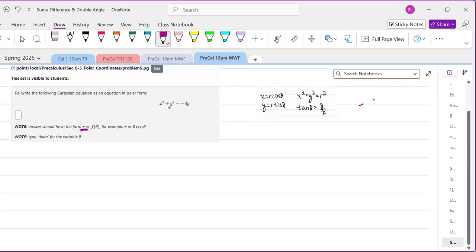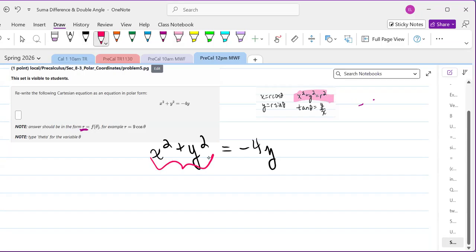So x squared plus y squared, that sounds real familiar. Why is that so familiar? What do I know about x squared plus y squared? It's r squared, because that's one of our formulas over here. So instead of x squared plus y squared, I can literally write r squared.